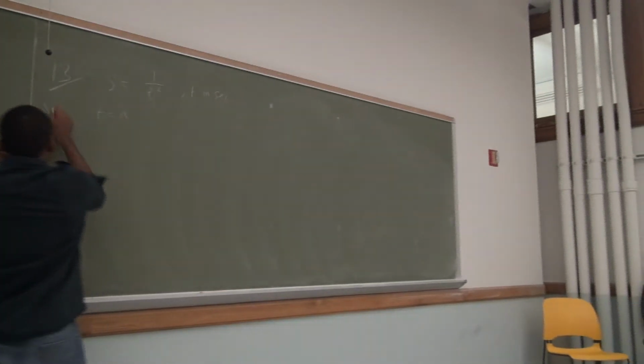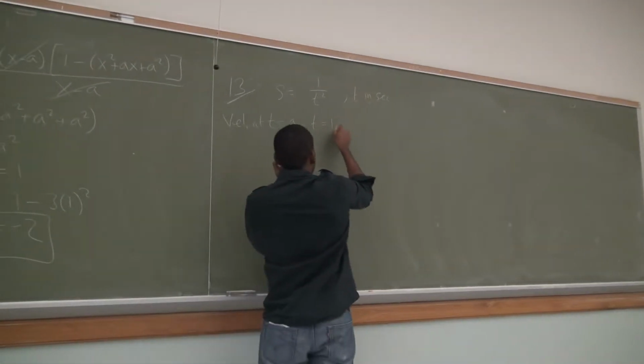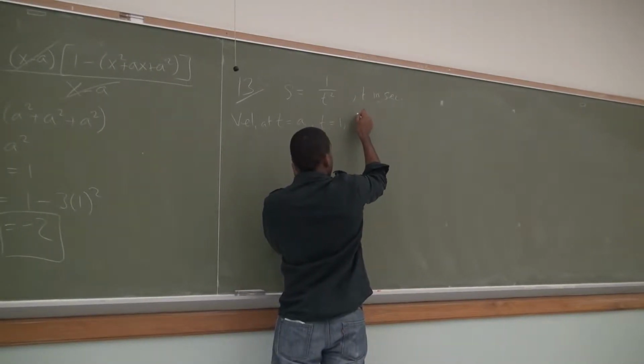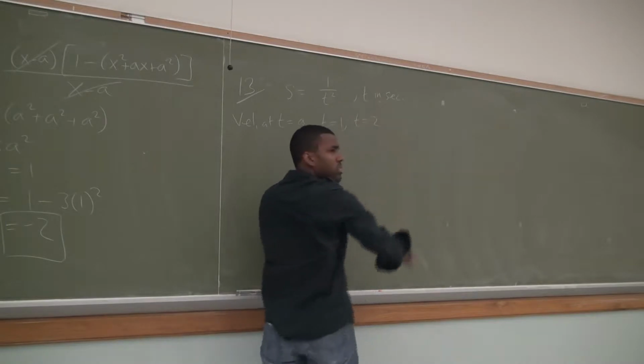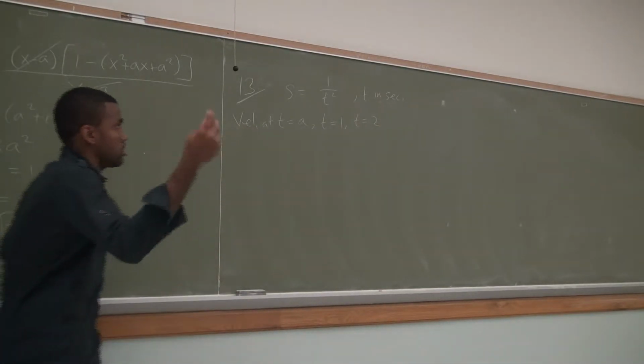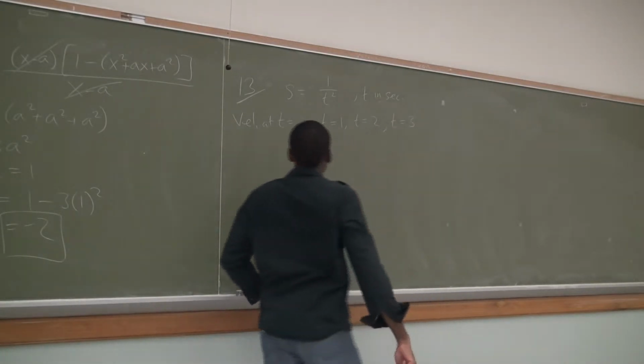Find the velocity at t equals a, t equals 1, t equals 2, and t equals 3. They're all the same thing.